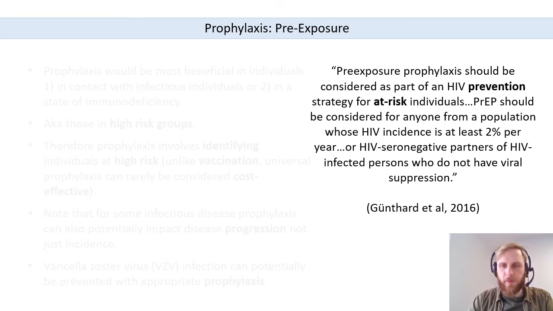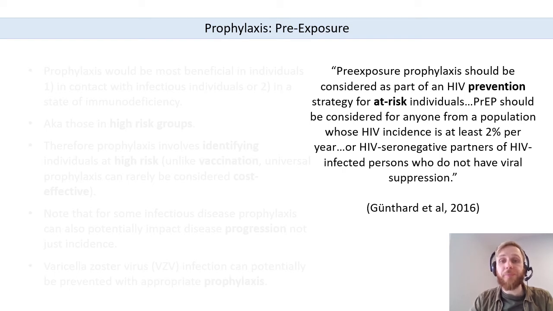Okay, and here's another example that again we've talked about before. It's the idea that individuals who are at high risk of HIV can be given antiretrovirals prophylactically because these drugs will make them resistant to the acquisition of infection. Obviously not 100% resistance, but they'll give them some level of resistance. What high risk means and what we can define as high risk is contentious, and there's a lot of literature around that.